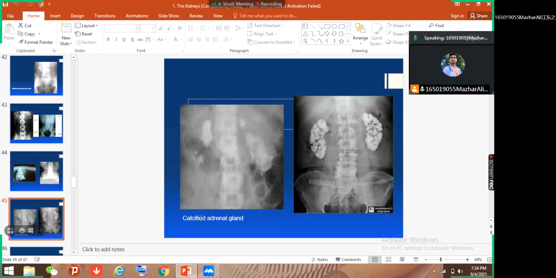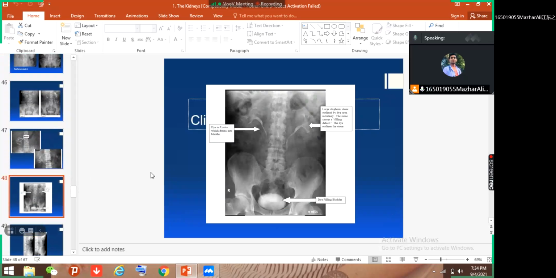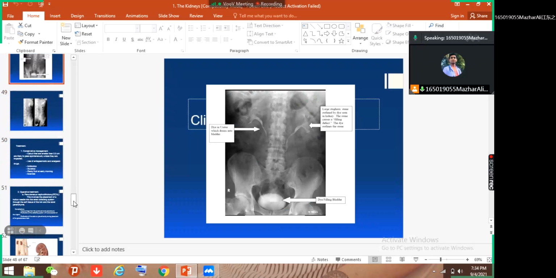And this is a calcified adrenal gland. The adrenal gland is right above the kidney. So this is dye in the ureter, which drains to the bladder, and the dye fills the bladder. A large stone is outlined by the dye carrying the kidney. So we pass dye just to ensure that there is no obstruction.